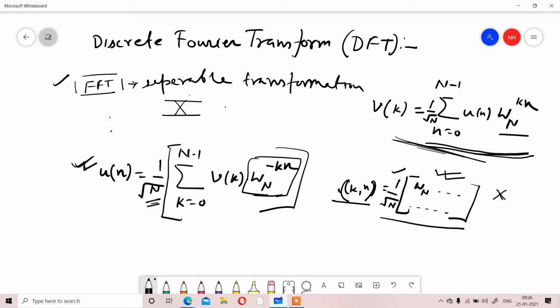Okay, so I think everyone got it. So now what I am talking about is that I am using the fast Fourier transform. The advantage here is that for FFT, you are representing a structure formed by the butterfly diagram.